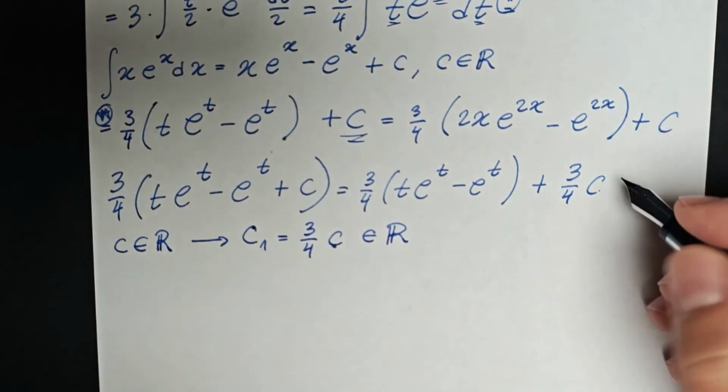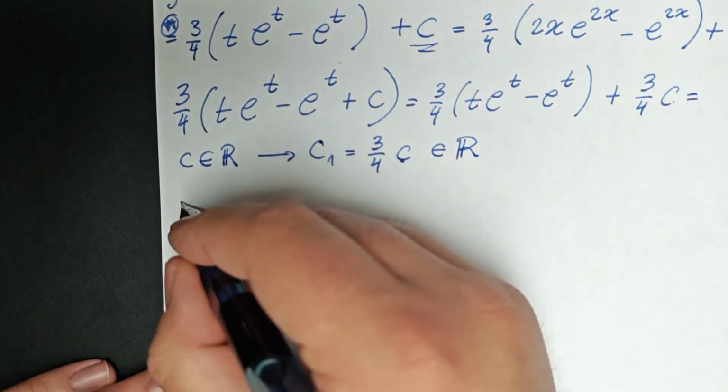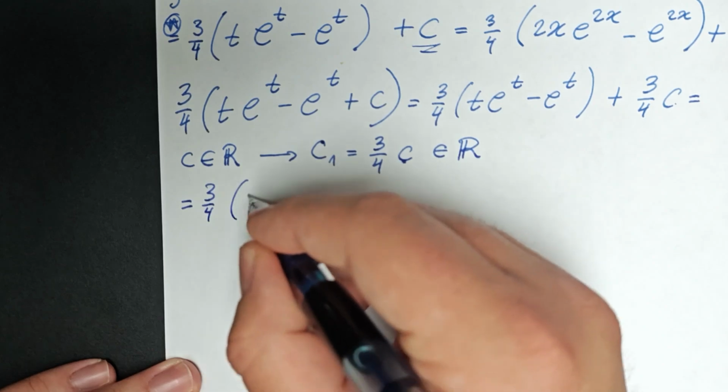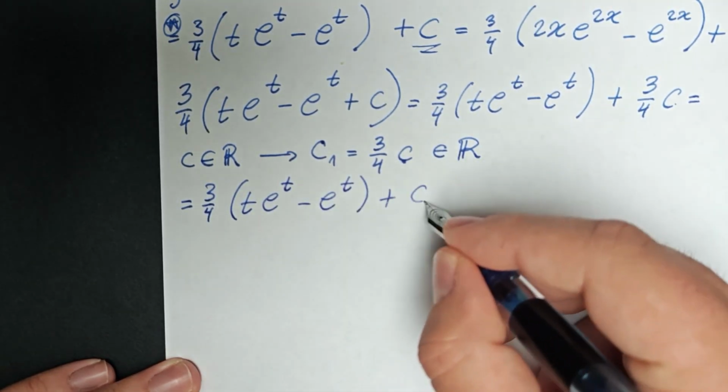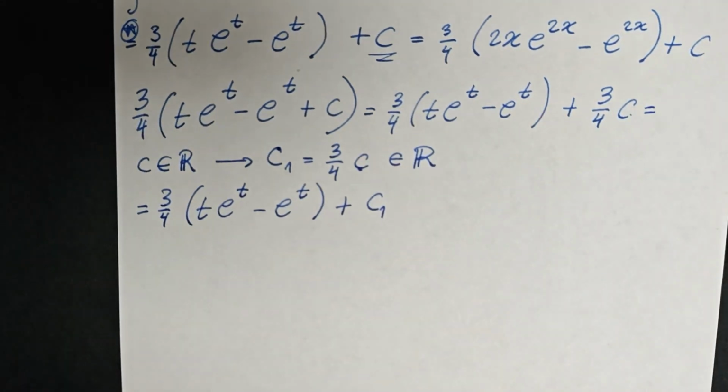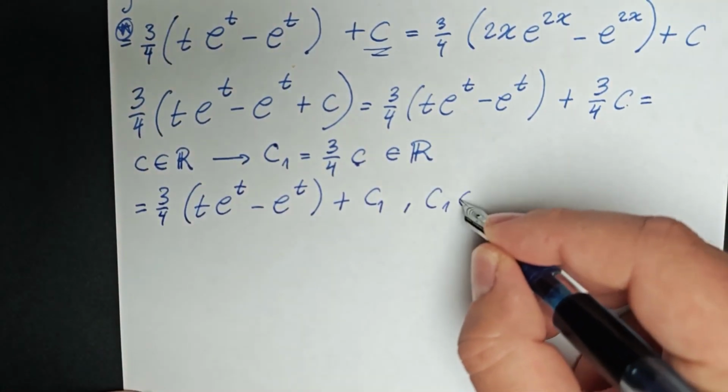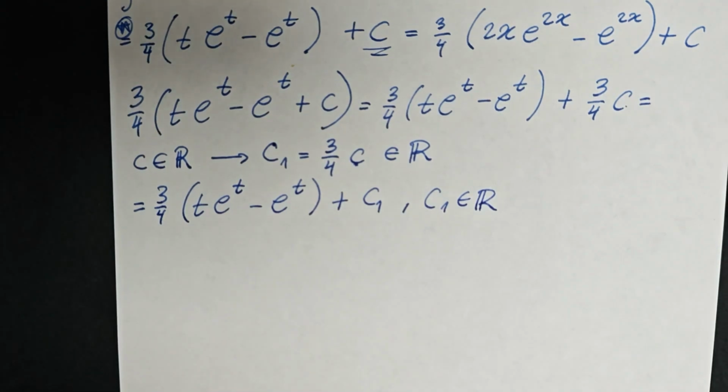So at this point, I am just going to get that this is 3/4 of t e to the power t minus e to the power t and plus some different constant c1, where c1 is just a real constant. That is exactly what I wrote. This c is any real constant. It will just swallow up any other real constant that you multiply it with.